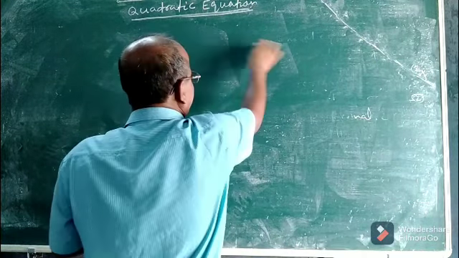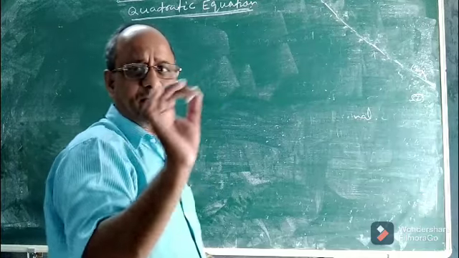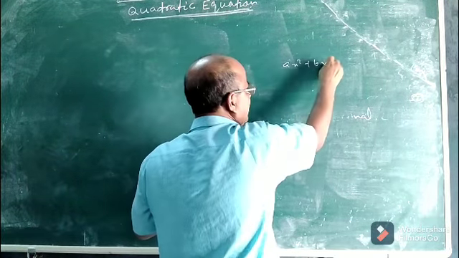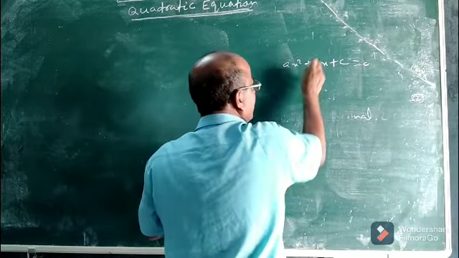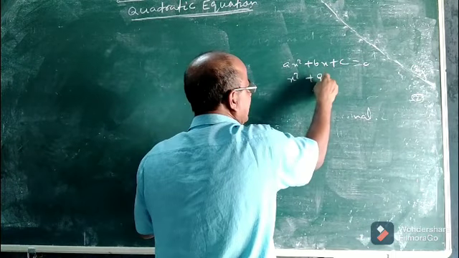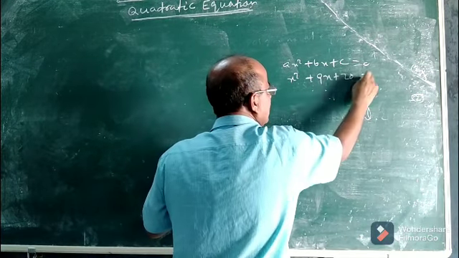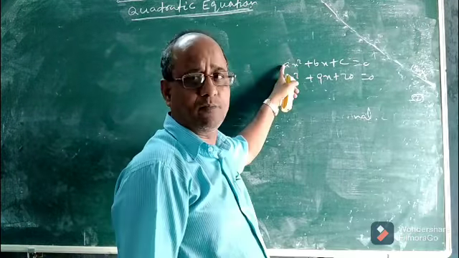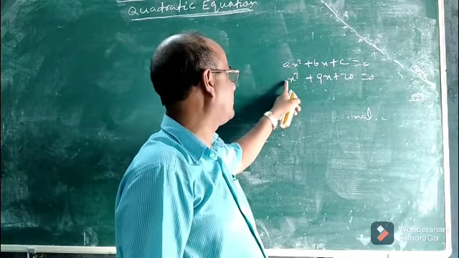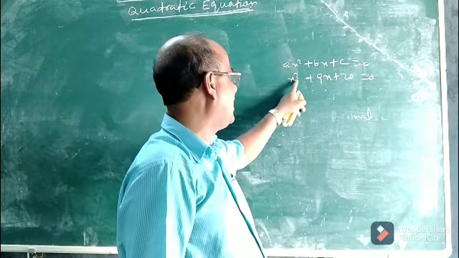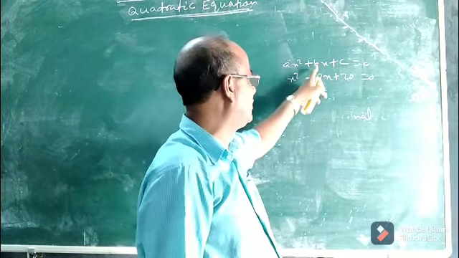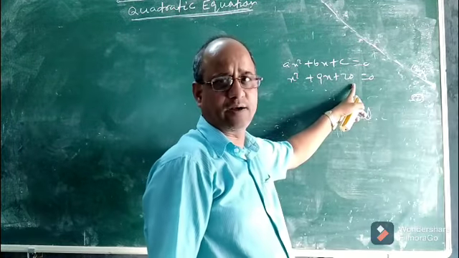I said the general form of every quadratic equation is ax square plus bx plus c equal to 0. For example, x square plus 9x plus 20 equal to 0. Clearly this equation is in this form, where the coefficient of x square is 1, so the value of a is 1, b is 9, and c is 20.